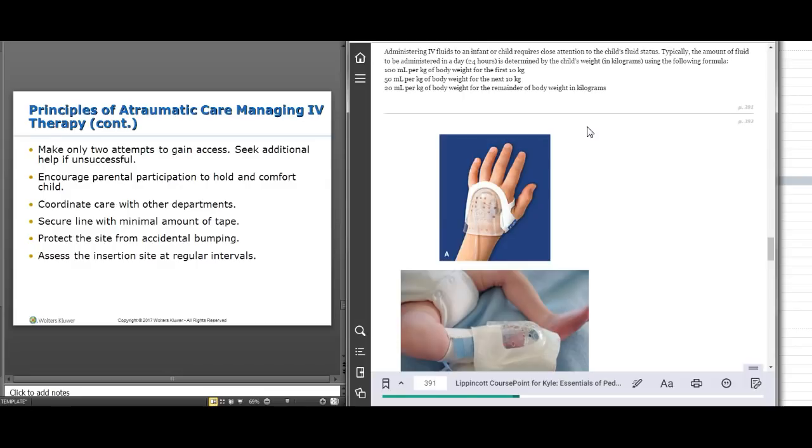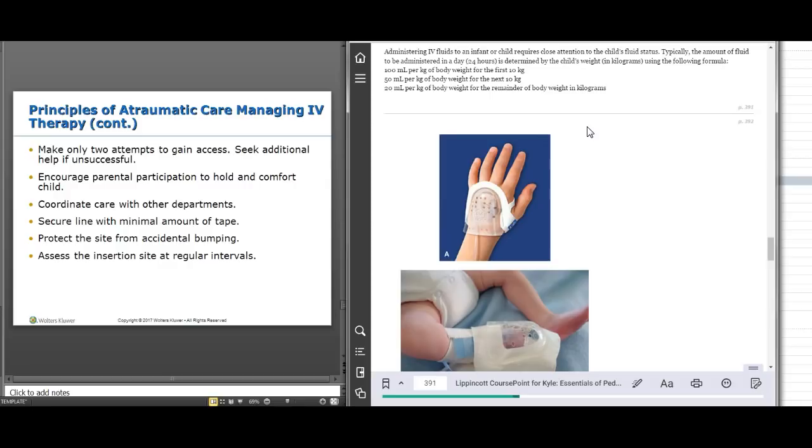So you've got your 1,000 plus your 500. Then you've got 5 kilos left over. So you take your 5 times your 20 per kilo for anything over that, and you get 100. So you've got 1,000, 500, and 100. Add those together, you get 1,600 mLs per day for your 25 kilo child.